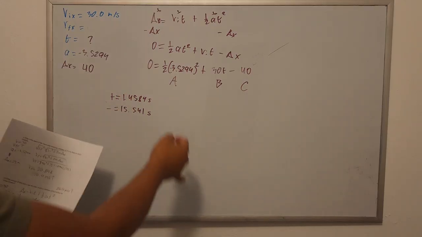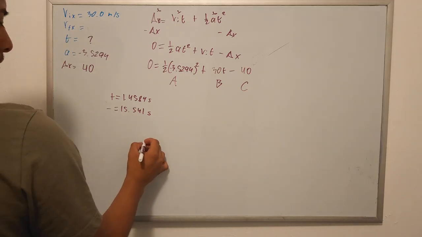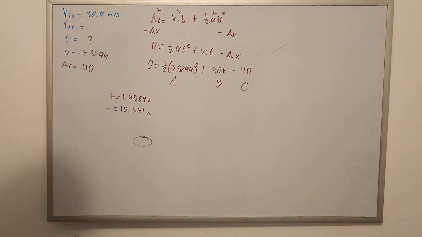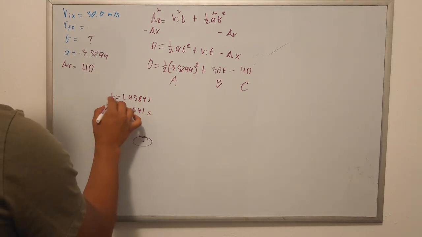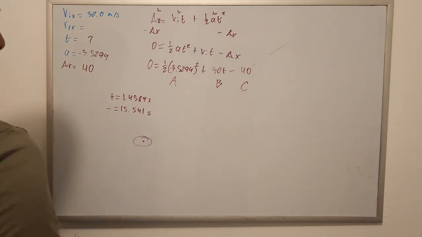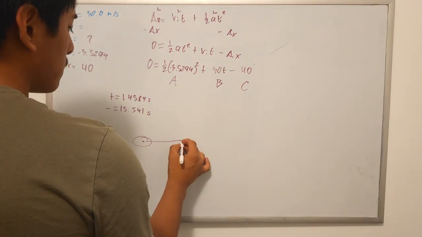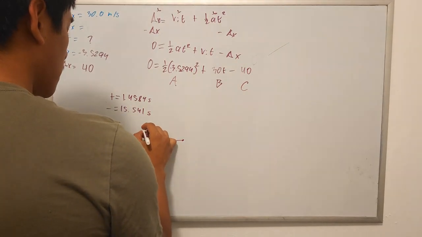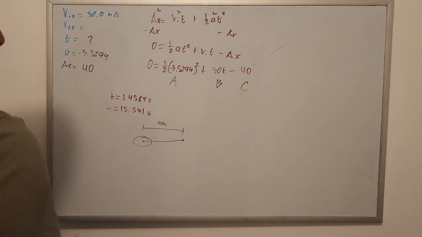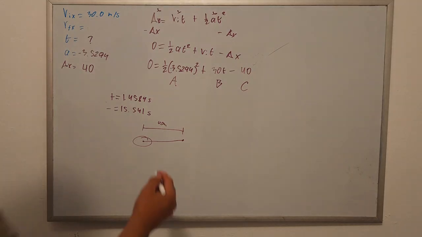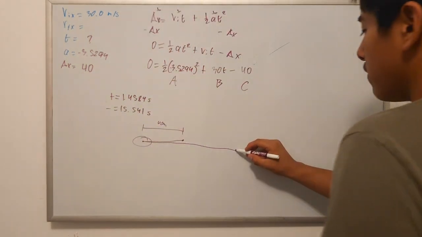Both of these are right, but we're going to do the first one, because let's say this thing is a ball. It started here, and what the 1.4 seconds says is that after 1.4 seconds, the displacement from here to here was 40. And then the 15 is saying that it went all the way over here.